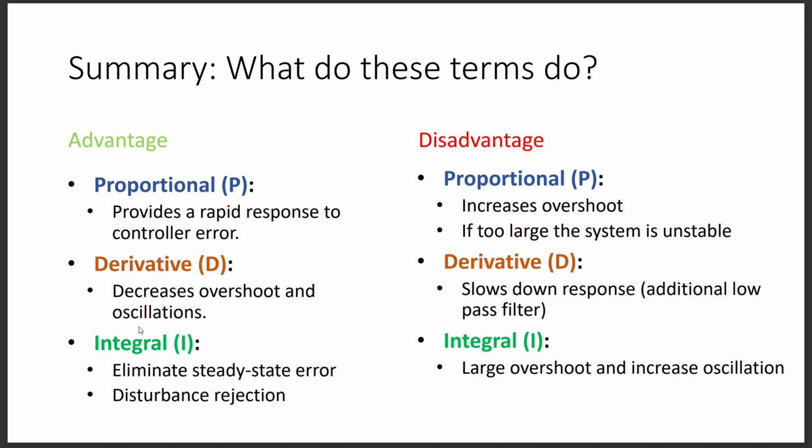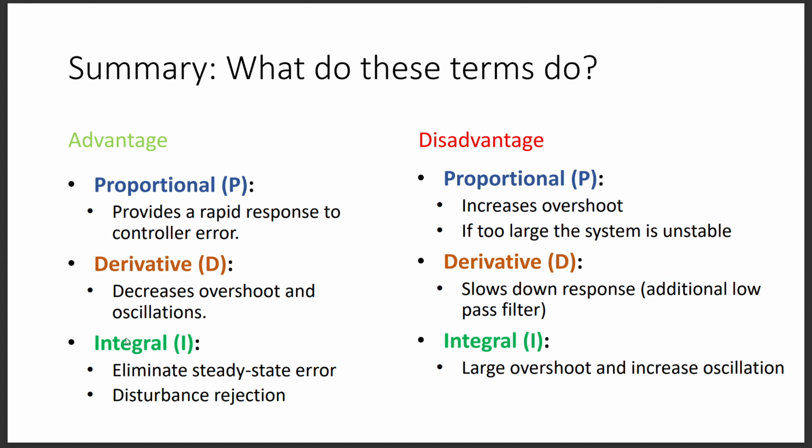So, a summary of what these terms do. The proportional term provides a rapid response to control errors, but it increases overshoot, and if it's too large, the system becomes unstable. The derivative term decreases overshoot, but it slows down the response.